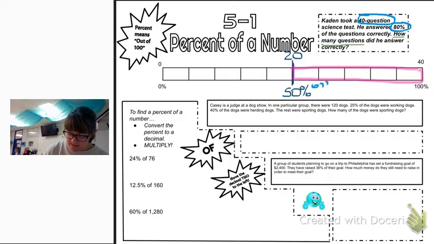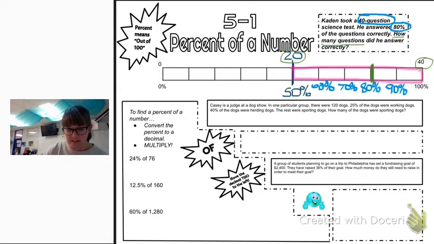So this would be 60% and 70% here, and then 80%, and then 90%. So here's the 80% that Caden scored, represented on the bar model. We need to know how many questions that would be. Well, we're traveling from 20 questions to 40 questions, so we're making a leap of 20 questions.